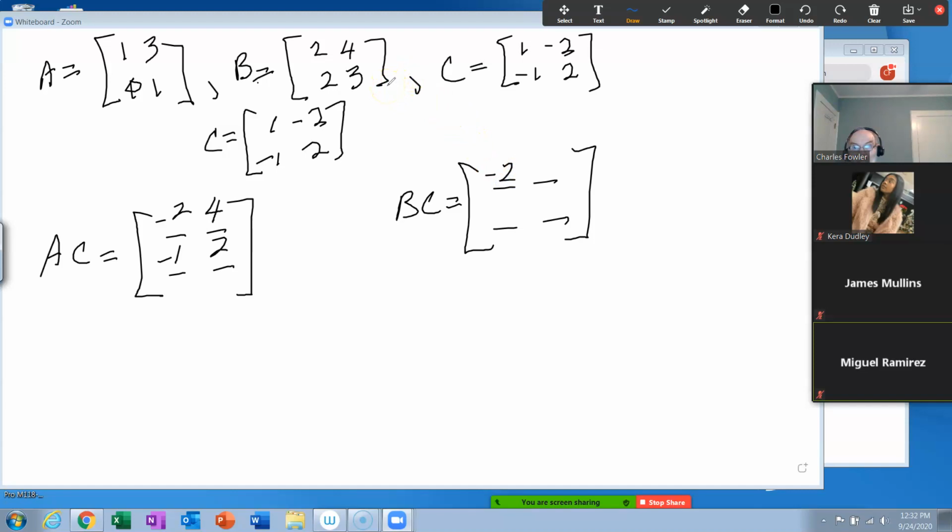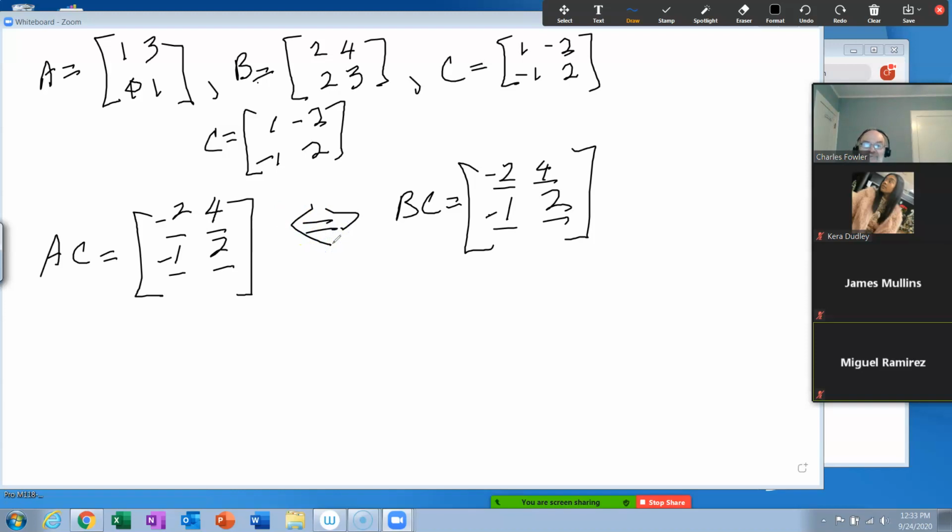First row, second column, minus 4 plus 8 is plus 4. Next one, 2, 1 is going to be a 2 minus 3 is a minus 1. Yep. And then 2, 2 is going to be minus 4 plus 6 is a 2. Sure enough, these two are equal to each other.